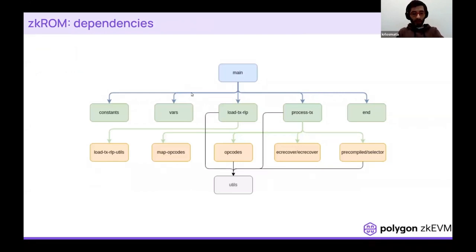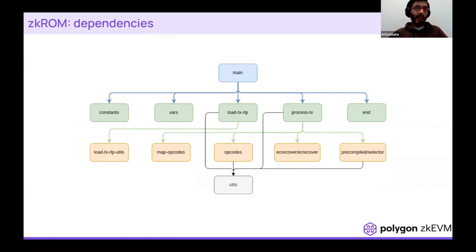Okay, so we have seen the zk assembly code, the registers and all instructions that we can use. We have seen also, I would say, a small piece of code that is very similar to the zkROM in order to show a little bit the syntax. And here I just want to show all the files that we have in the zkROM.